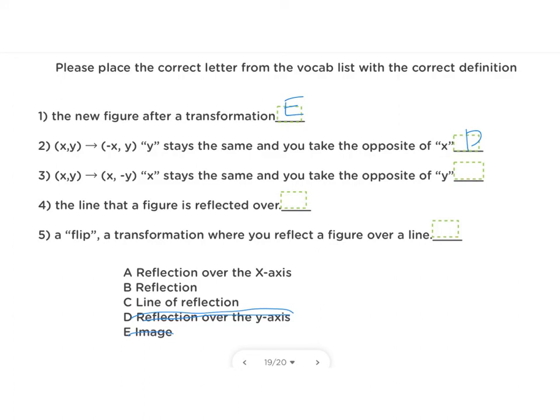Number 3, XY becomes X negative Y. So because the X stays the same, this is a reflection over the X-axis. The line that a figure is reflected over is called the line of reflection. And a flip is the transformation where you reflect a figure over a line, called a reflection. So that is B. So on those 5, it's E, D, A, C, B.